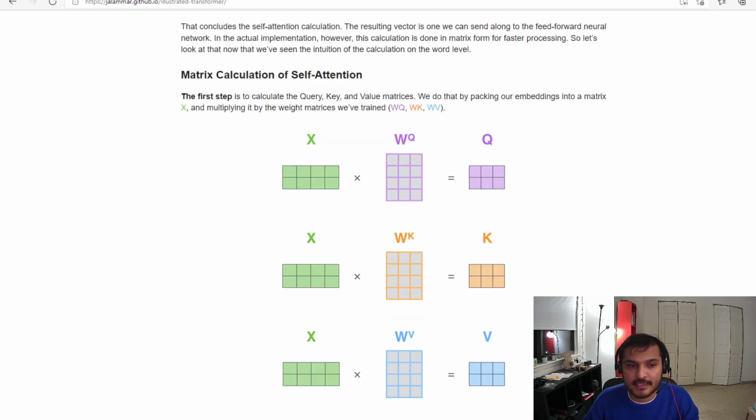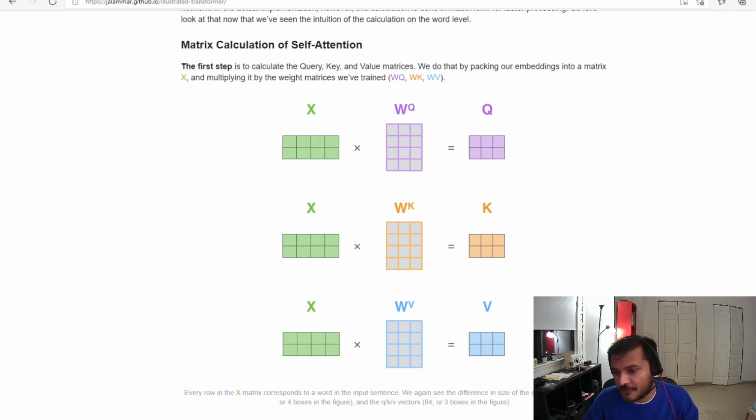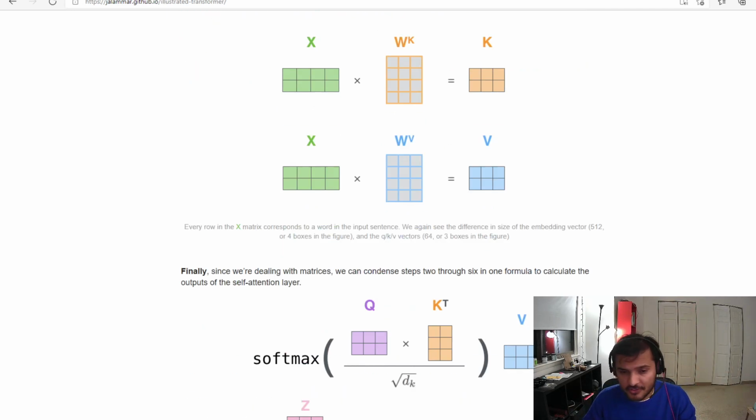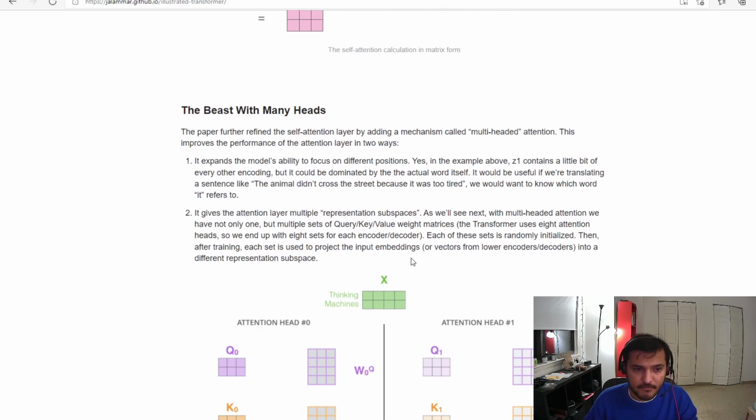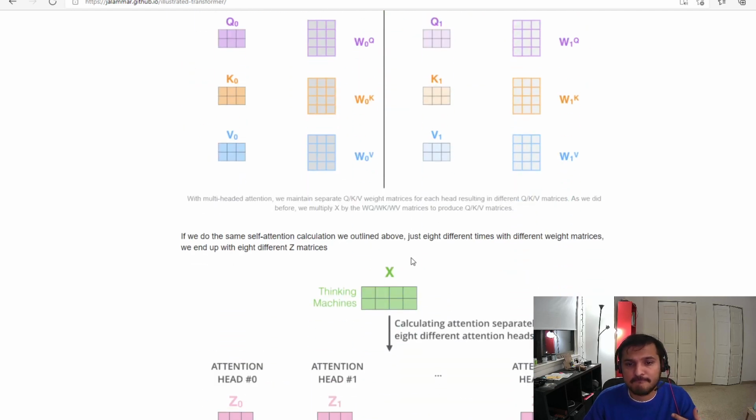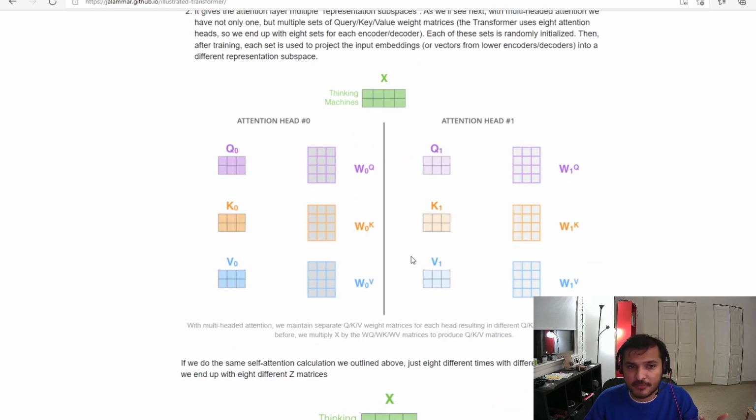Let's say for the two words, I would stack them as a matrix and multiply them. I would cast it as a matrix multiplication. It's more efficient than doing a for loop. So this is my QKV matrices being generated. For softmax, I also perform this operation and then multiply the value here, and then I get a Z. So that's basically the whole attention mechanism.